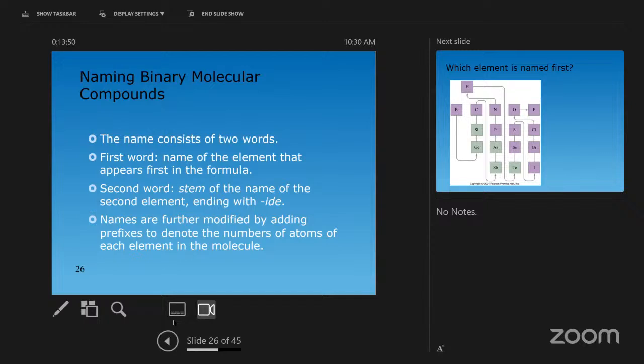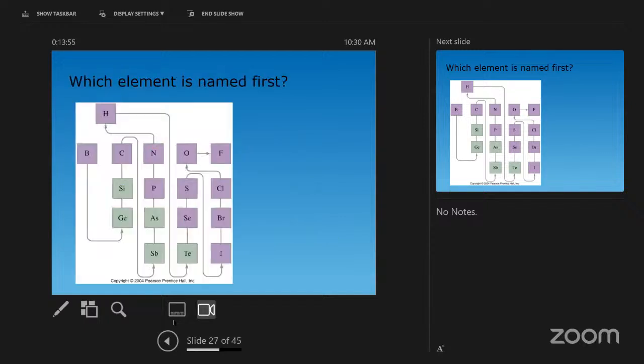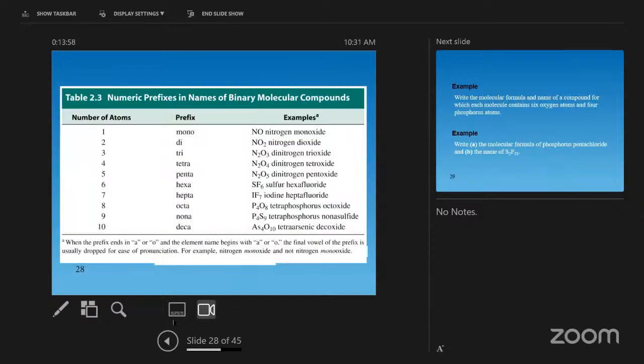Let me show that here. So if it's 1 atom, it's mono. If it's 2, it's di, if it's 3, tri, and so on. Right?